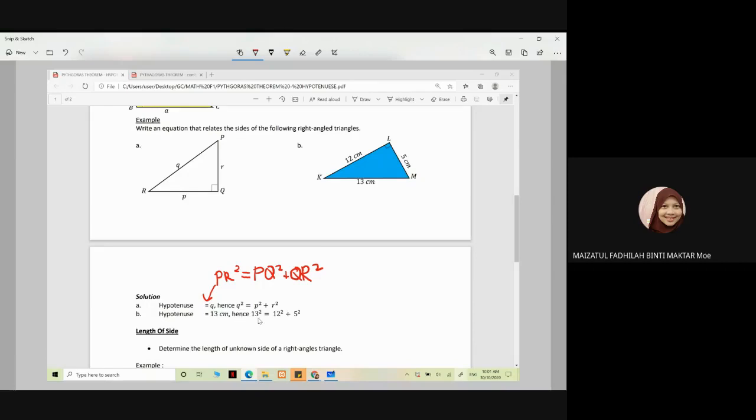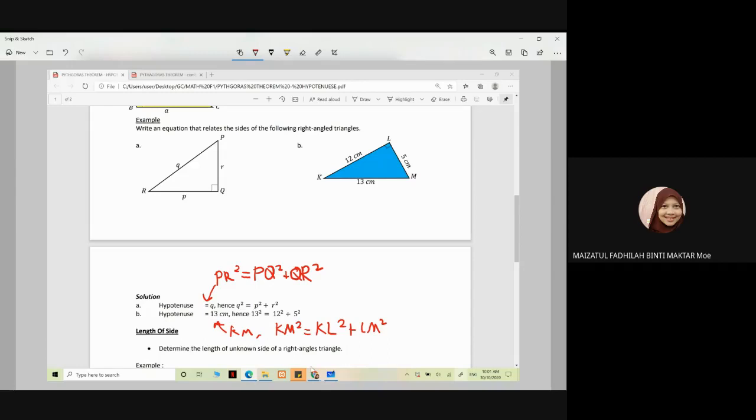So to write down the equation, 13 square equals 12 square plus 5 square. If you do not want to use this one, you want to use hypotenuse KM, then your equation will become KM square equals KL square plus LM square. Both are correct answers.